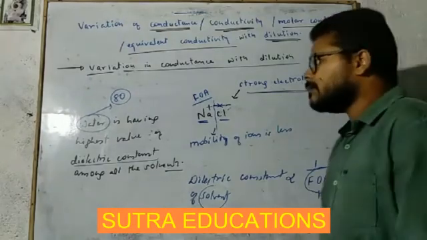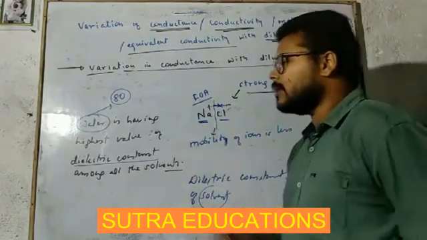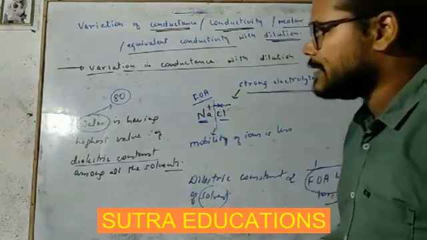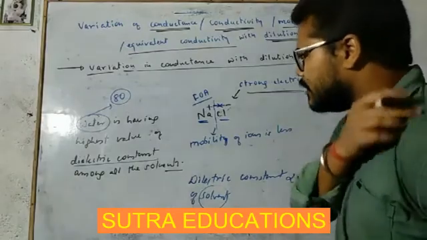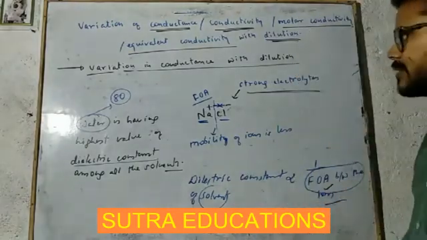So we are giving more and more water, and water has the highest dielectric constant value, and the dielectric constant is inversely proportional to the force of attraction between the ions.